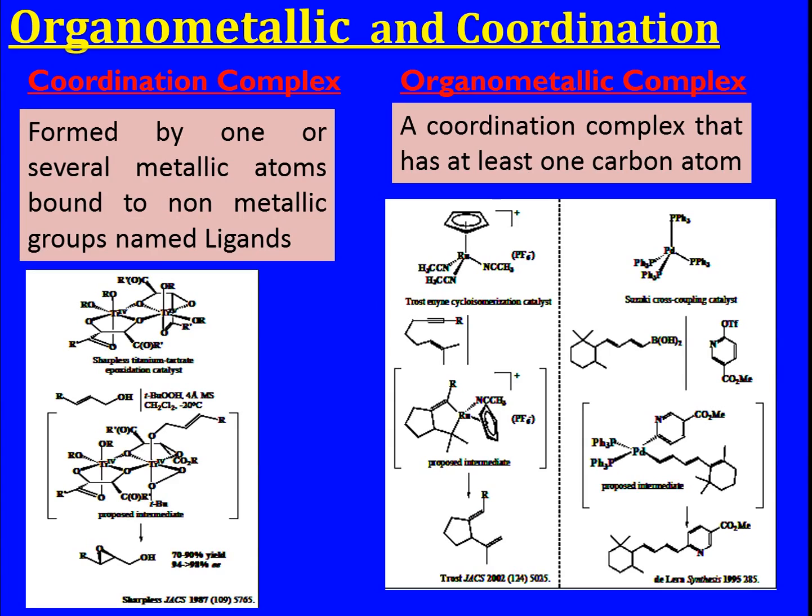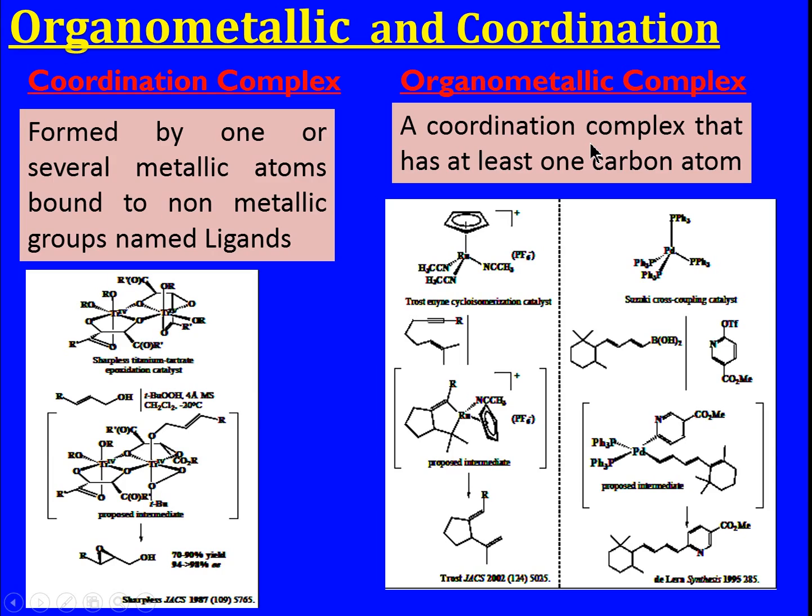In a coordination complex, we have a metal that coordinates to a ligand according to a coordinate covalent bond. But in an organometallic complex, we have at least one M-carbon bond.